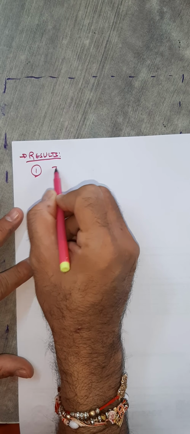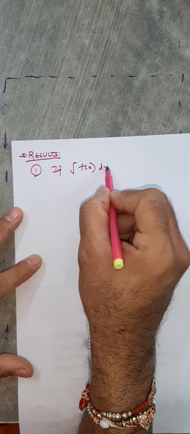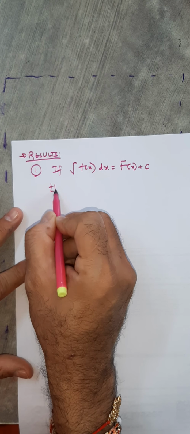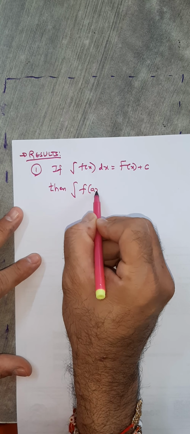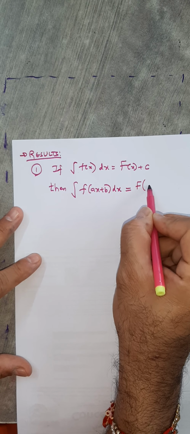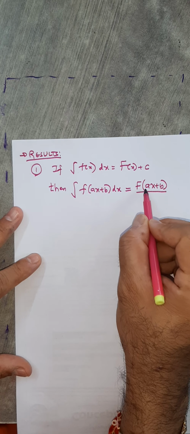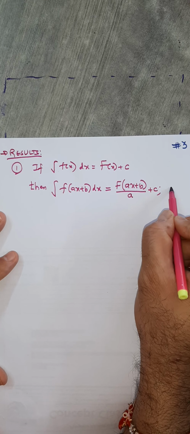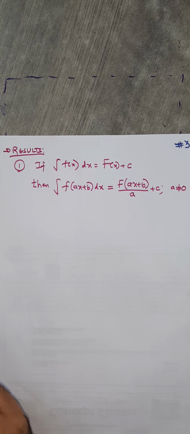One we did: if the integral of small f x equals big F x plus c, then the integral of f of ax plus b, that is a composition with a linear function, has the answer: F of ax plus b, upon the coefficient of x, which is a, plus c, where c is the constant of integration. a should not be 0. This we did already, and explained examples also.